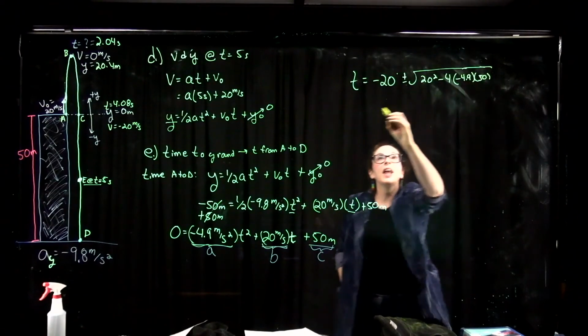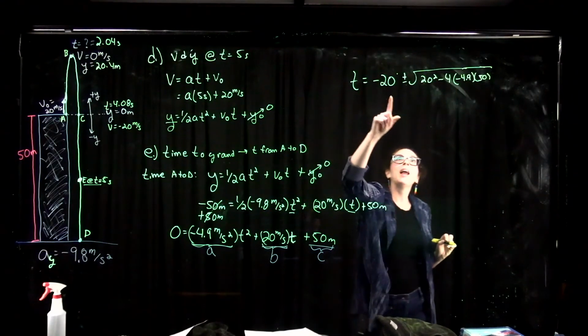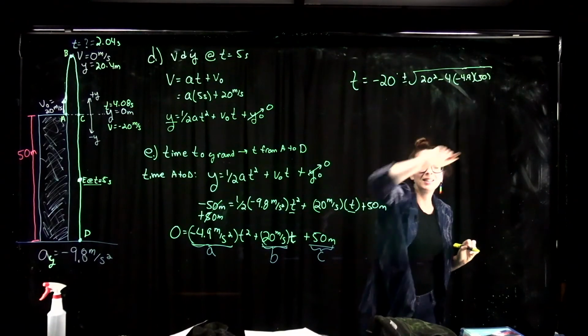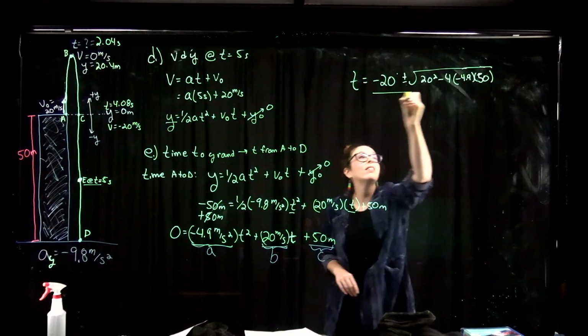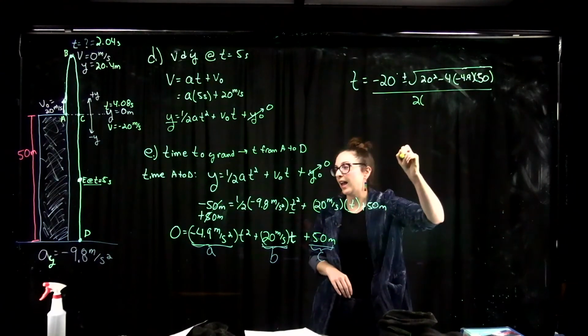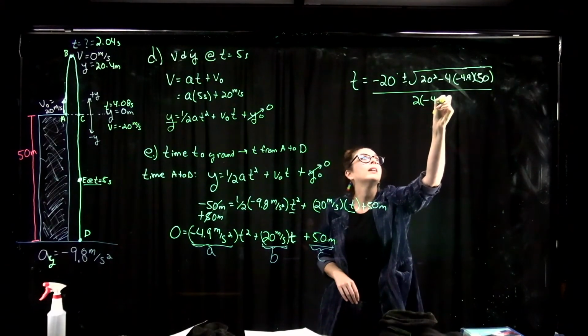Okay, so we've got negative b plus or minus the square root of b squared minus 4ac, and then we divide that whole thing by 2 times a, or minus 4.9.